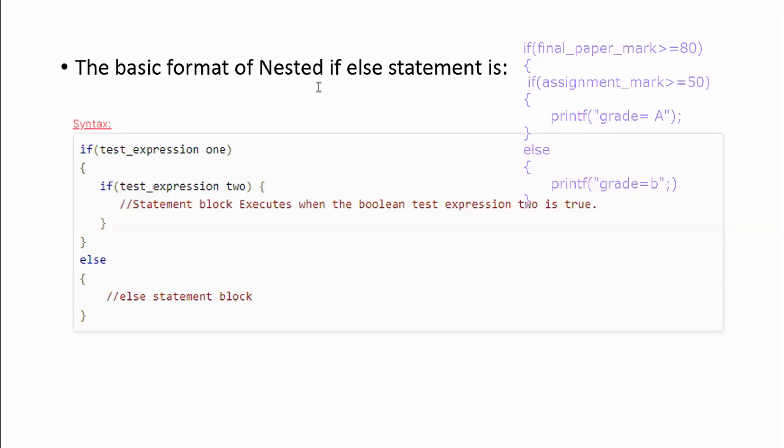This is a simple example, so don't think too seriously. If the final paper mark is greater than or equal to 80, and also if the assignment mark is greater than or equal to 50, you will get grade A. Otherwise, you will get grade B.